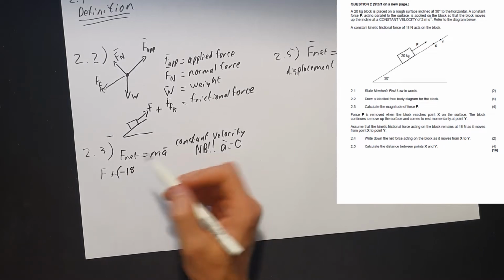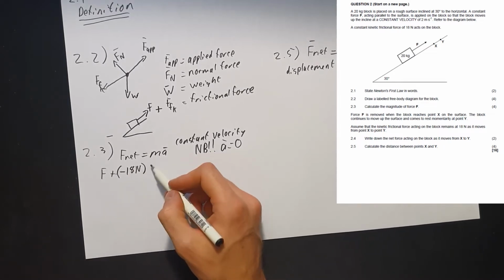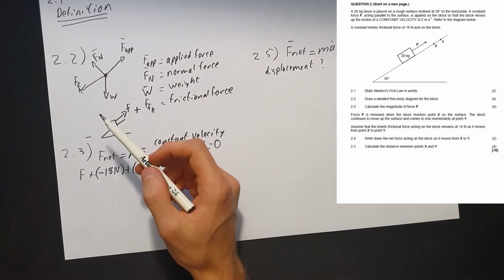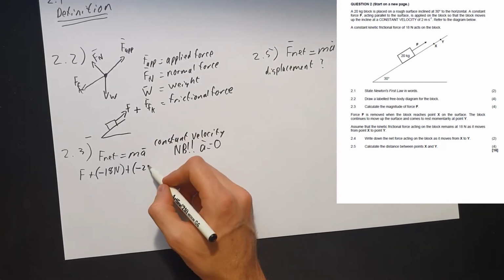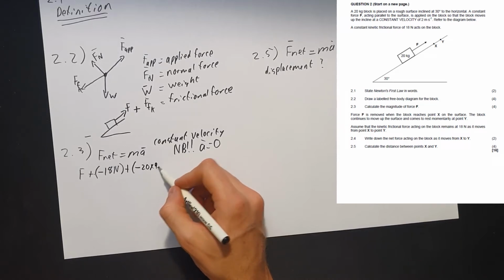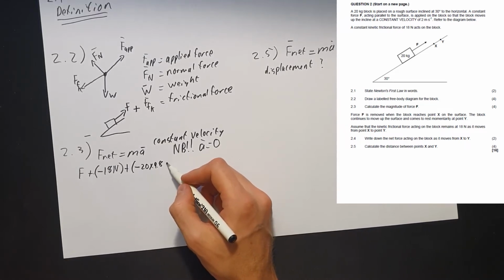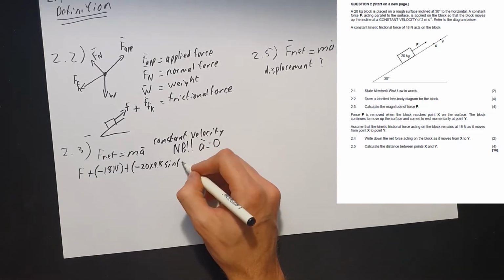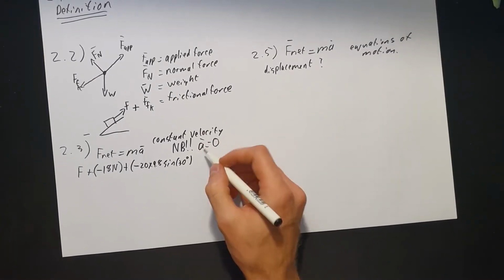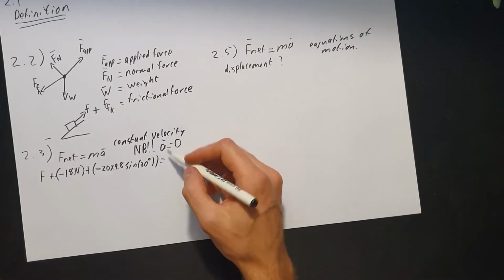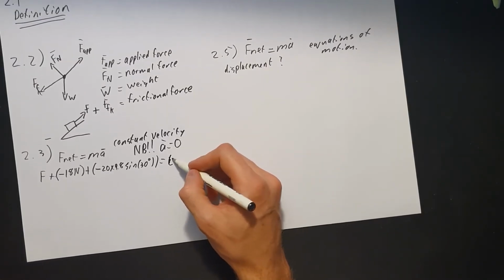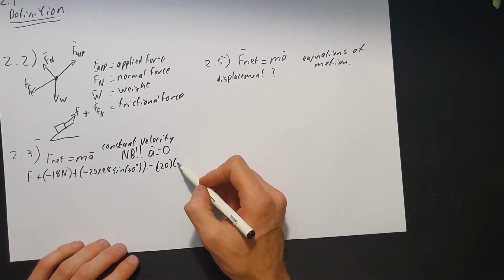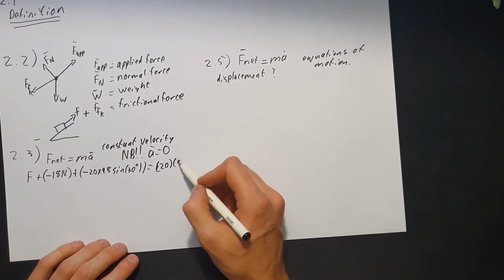Remember, the negative indicates direction. Then minus the parallel component of weight, so that's going to be 20 kilograms times 9.8, and because we're moving down the slope, it's sine of 30 degrees. And that's all going to equal my mass, which is 20, times acceleration, but because we're moving at constant velocity, my acceleration is 0.